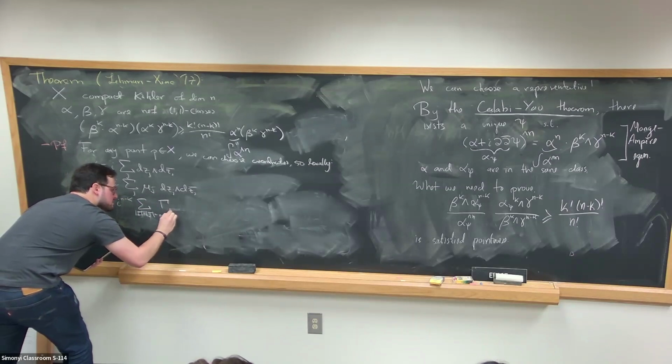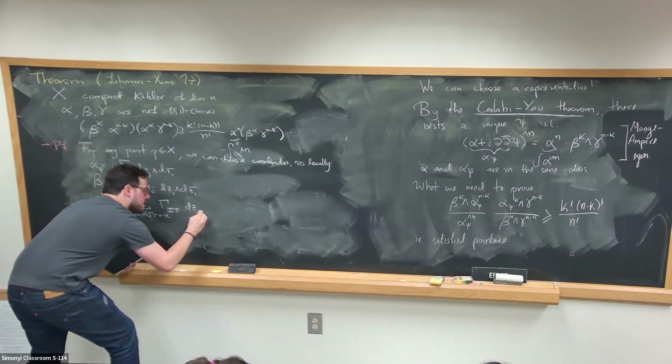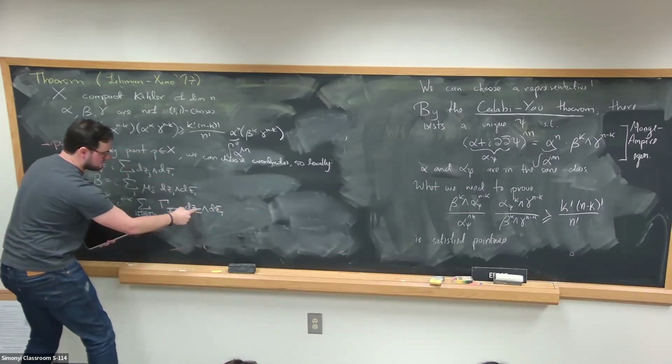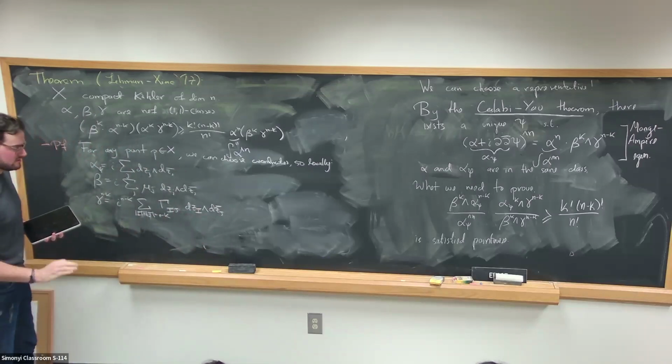So gamma_IJ, which is the wedge of the ones that are in this subset. But this is just notation.